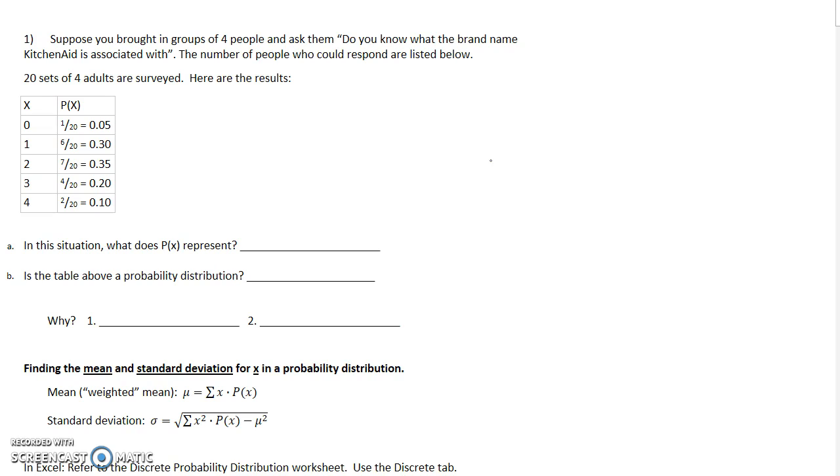What happens here is I bring in a group of 4 and I ask all 4 of them, do you know what KitchenAid is associated with? All of the possible outcomes are listed over here on the right. Either 0 out of 4 people knew, 1 out of 4, 2 out of 4, 3 out of 4, or all 4 out of 4 knew what KitchenAid was associated with.